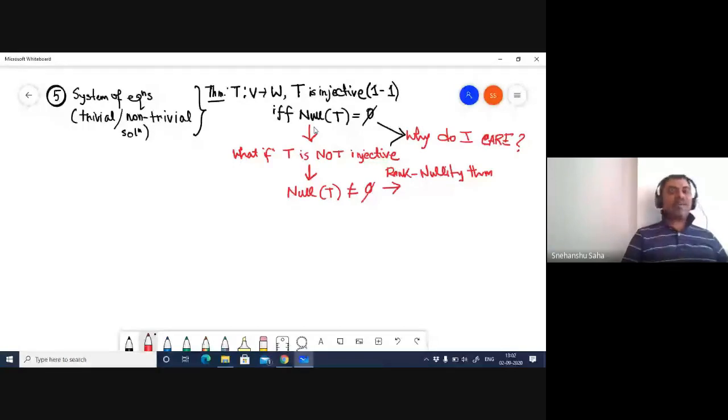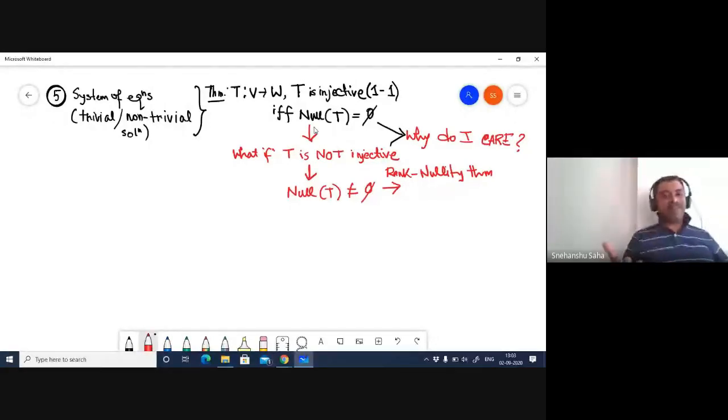Therefore, when you are trying to solve a system of homogeneous equations Tv equal to 0, this guarantees that such a system will give us non-trivial solutions. When you multiply a matrix with a vector, Ax equal to 0, by default the solutions you get are trivial solutions.